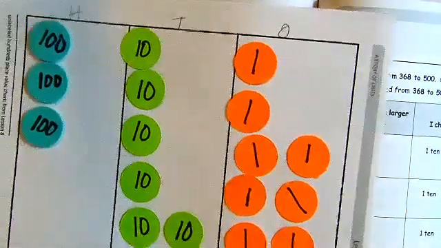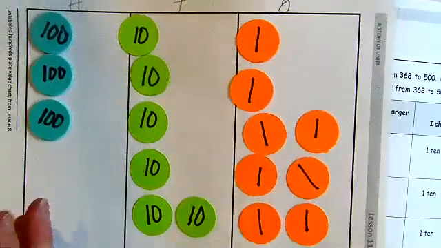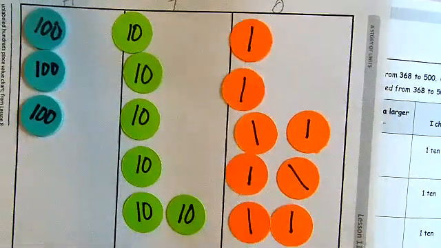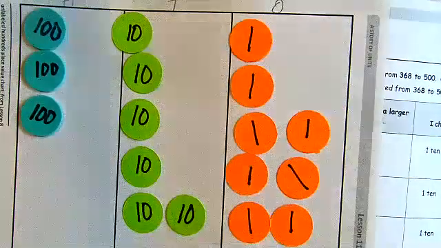So now, this is the number we have right now. We have 3 hundreds, 6 tens, and 8 ones.